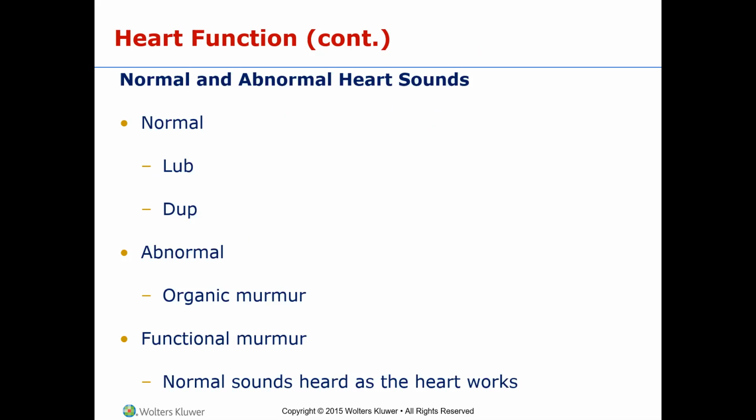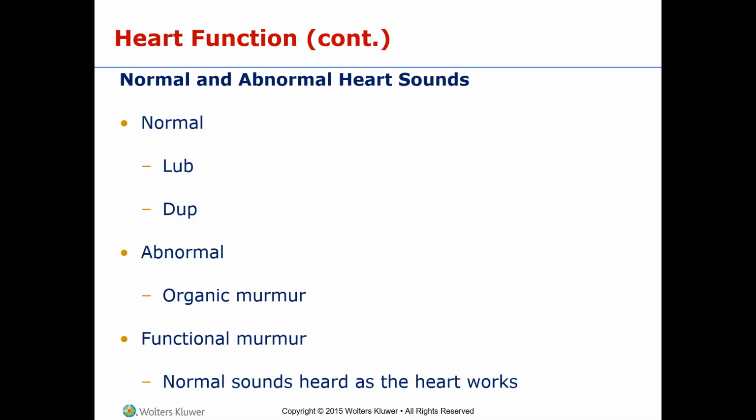We have some abnormal sounds, which are an organic murmur, and that's just a change in the heart sound, due to vessels that are abnormally structured, maybe due to a birth defect.